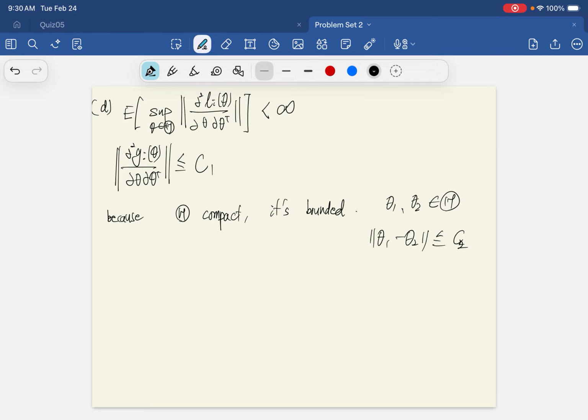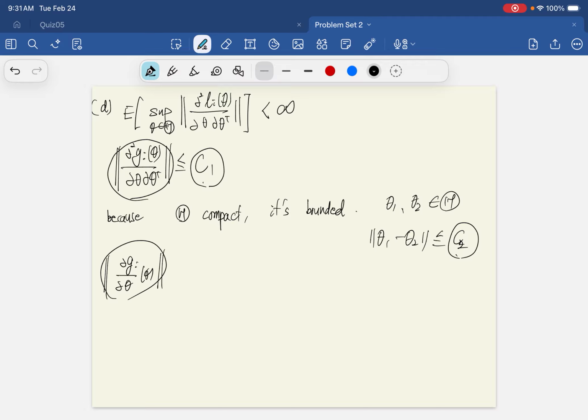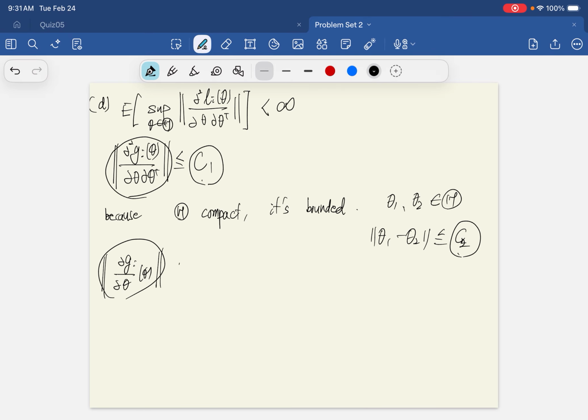And then intuitively speaking, these two imply this is the slope of the first derivative. So the first derivative is also bounded by these two numbers, right? The slope is bounded and the distance is also bounded. So the function cannot be infinity. And because again the slope is bounded, the original function should be bounded, right?